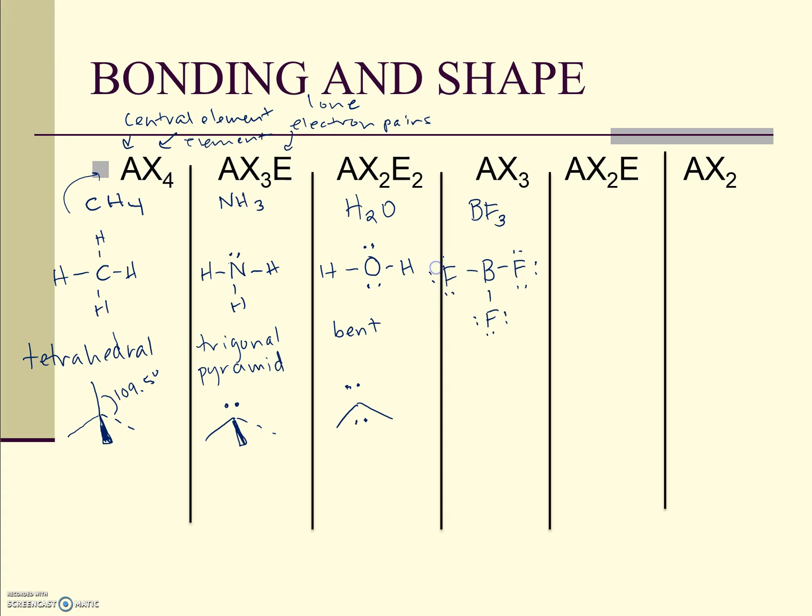I'm not going to get into total reasons why, but you can have them where they don't have a full set of 8 electrons. A couple elements are okay with that, and we will be exposed to those in class. But those ones will. They're trying to maximize their distance apart from one another. And 120, they are a plane, and we're going to call this trigonal planar.